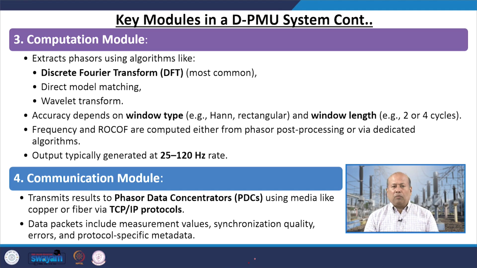And then the communication model, which transmits results to phasor data concentrators, PDCs, using media like copper or fiber via TCP/IP protocols. Data packets include measurement values, synchronization quality, errors and protocol specific metadata.